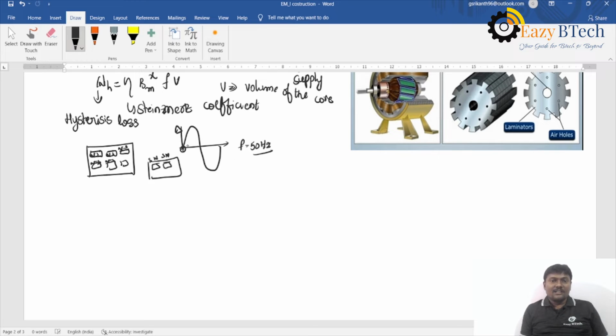We know that the frequency is 50 hertz. Anyway, the EMF induced in a DC generator or AC generator, whatever it may be, is a sinusoidal waveform, that means alternating. We will change the waveform for DC machines, so we prefer the flat topped waveform, but it is an alternative.